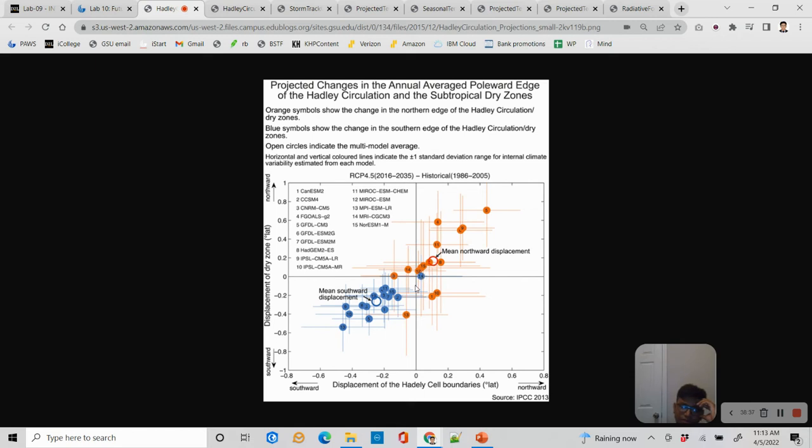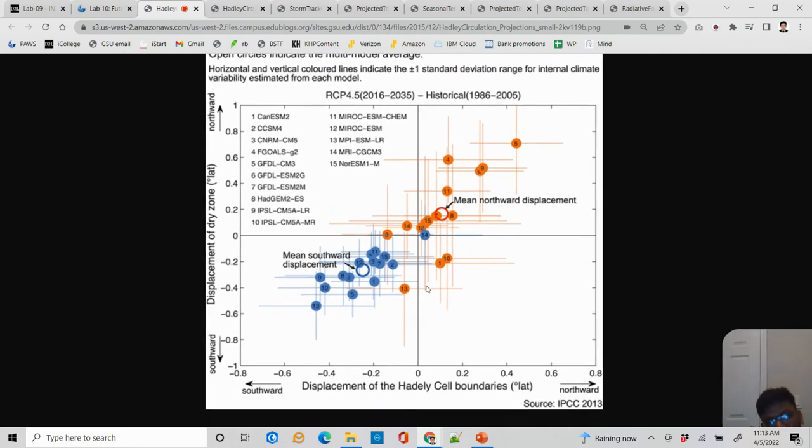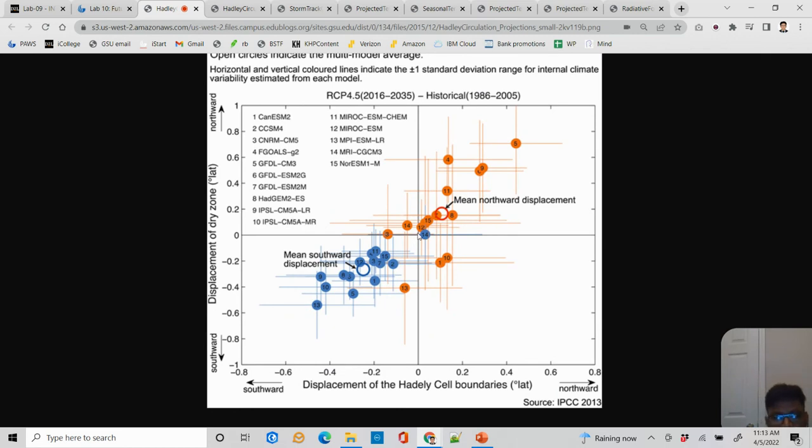So if you just study these circulations, I'm just showing you. Okay, so if you look here, this is the zero point, this intersection of these two is zero. So from historical data to RCP 4.5 for 2035, the mean northward displacement of the Hadley cell will be on the upper side.